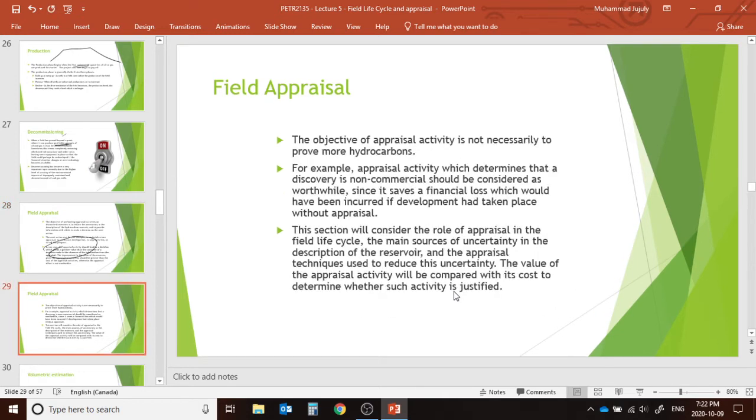The objective of appraisal activity is not necessarily to prove you have more hydrocarbons or not. It will give you more confidence about what size or how much you would actually invest.